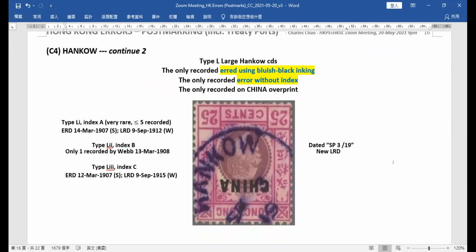But the stamp may have been put into water or bleach, because the basic stamp looks not comfortable for the color. Therefore, it may have been put in water for too long, causing the black inking to discolor and look bluish. May not be an error, hard to say, but for sure, no index over here. Cannot see.